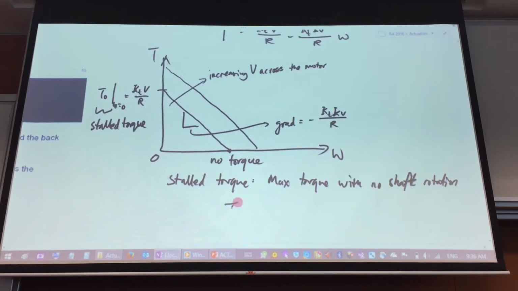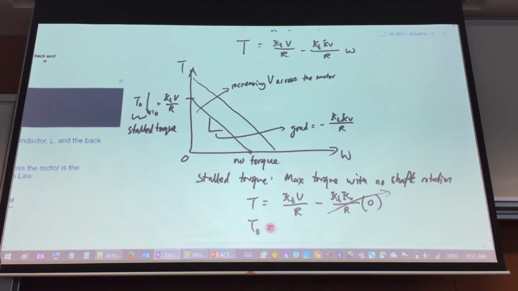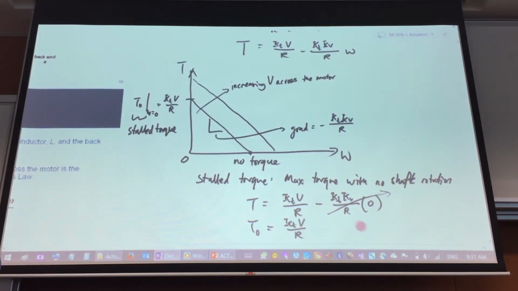So you have T equal to KT V over R minus KT KV over R times omega, and the omega is 0. So this term is gone, and we say the stall torque is equal to KT V over R.